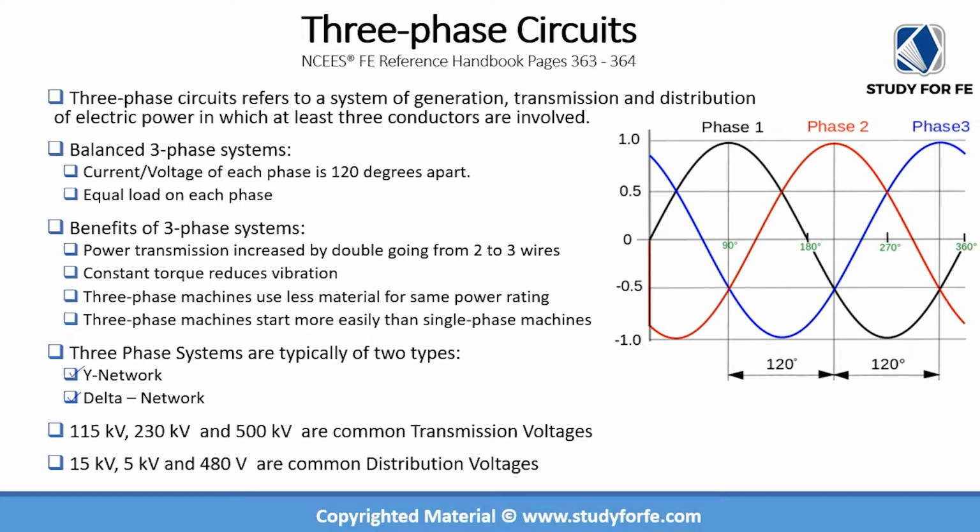And in terms of transmission and distribution voltages, I believe you would know that high voltages are generally reserved for transmission, especially for longer distances. So we are talking about 115 kV, 230 kV, and 500 kV and above.